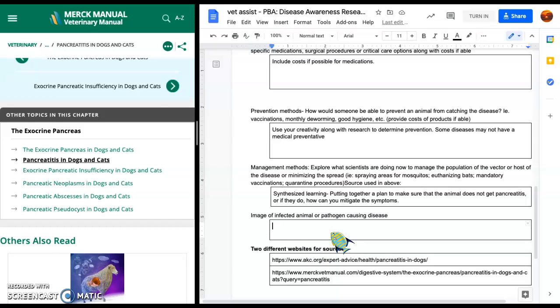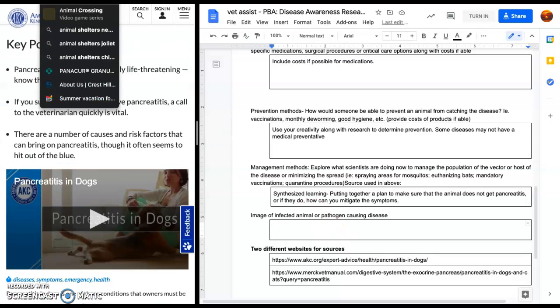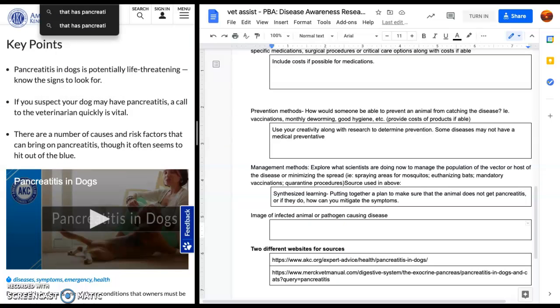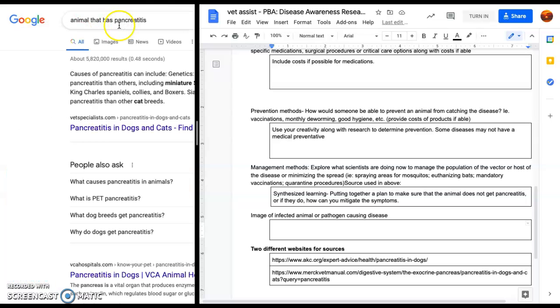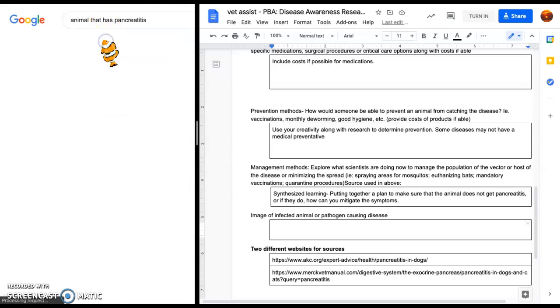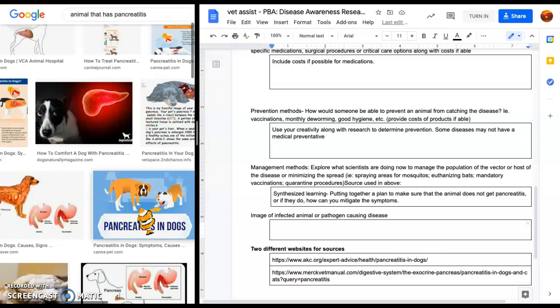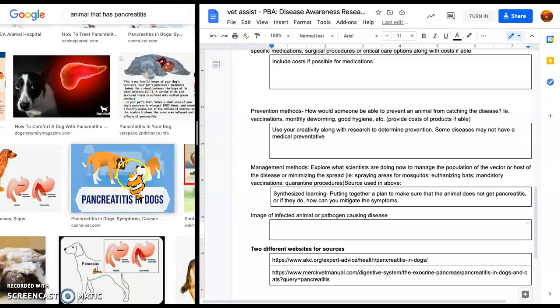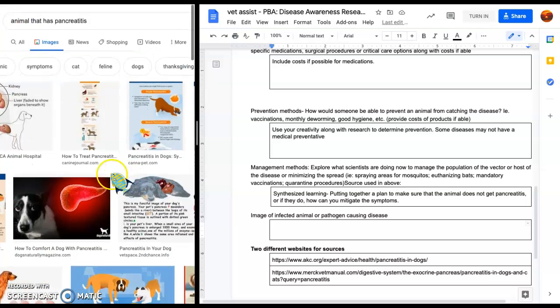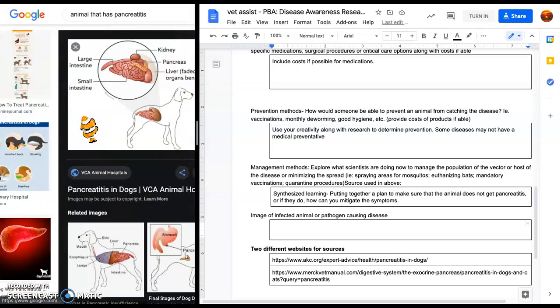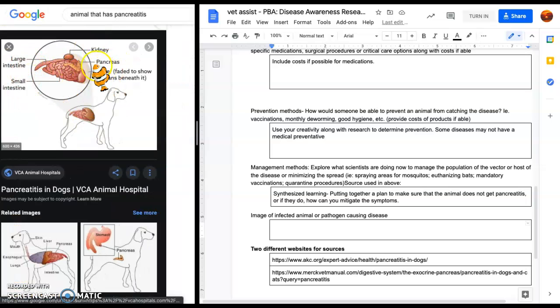Now, if I do a Google search for animal that has pancreatitis, my Google search is animal that has pancreatitis. I look at images. Now, I really don't know if that animal has pancreatitis, right? But maybe there's some really cool images. Here's one showing the pancreas, your liver, small intestine.